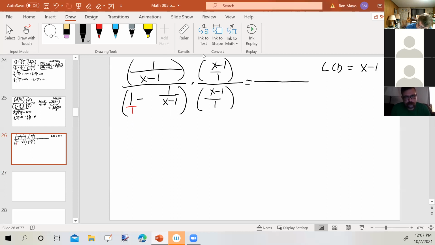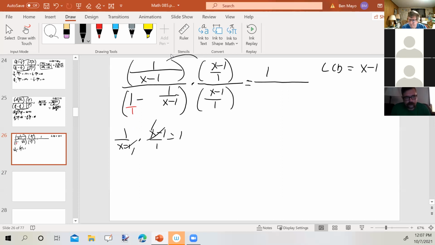In the numerator, 1 over x minus 1 times x minus 1 over 1, the x minus 1 is reduced down and I just get 1. In the denominator, I have 1 times x minus 1 over 1, which is x minus 1.